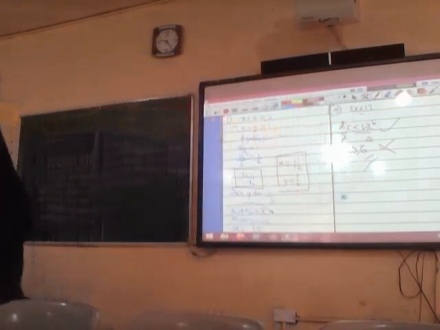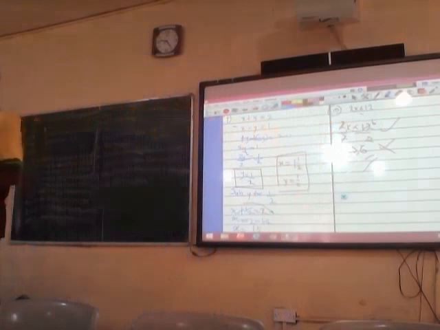Whenever you multiply or you divide by a positive number, the sign remains the same. Nothing will change. But whenever you multiply or you divide by a negative number, the sign must be reversed. If it is greater than, it will change to less than. If it is less than, it will change to greater than. If it is greater than or equal to, it will change to less than or equal to. And if it is less than or equal to, it will also change to greater than or equal to.